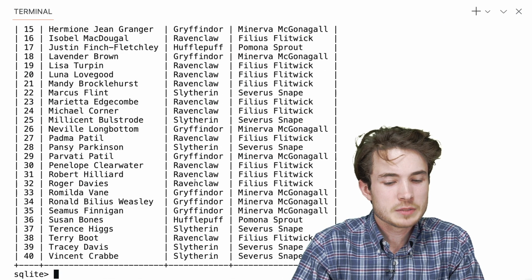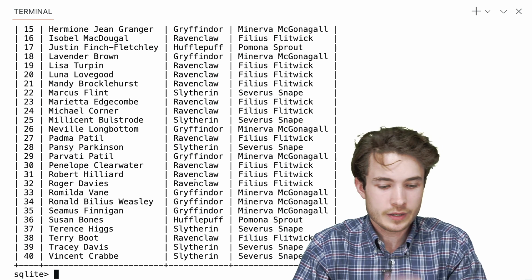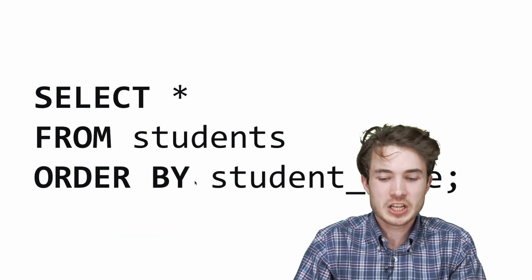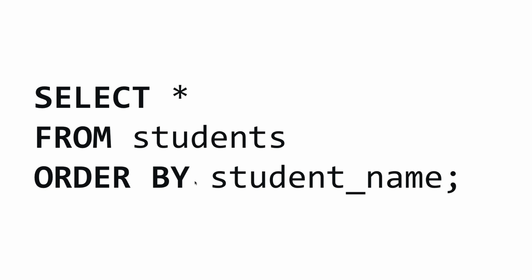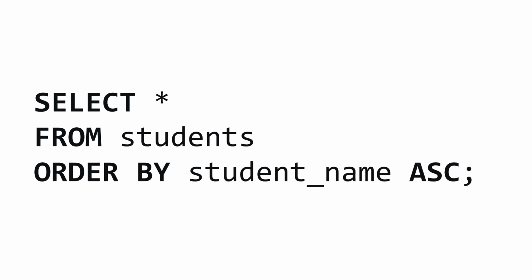But it's important to keep in mind that when you use order by without anything after it, we're getting the names in what's called ascending order. Ascending in SQL means from the lower ASCII value, like A, to the higher ASCII value, like Z. So A to Z in this case.